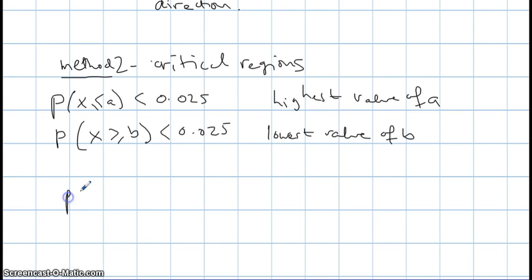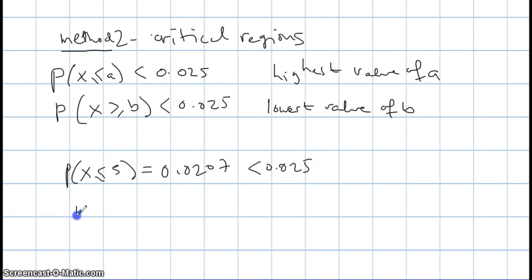From the tables we can see the probability x is less than or equal to 5 gives us 0.0207, which is less than 0.025, and we can also see that the probability of x less than or equal to 6 is 0.0577, which is greater than 0.025.